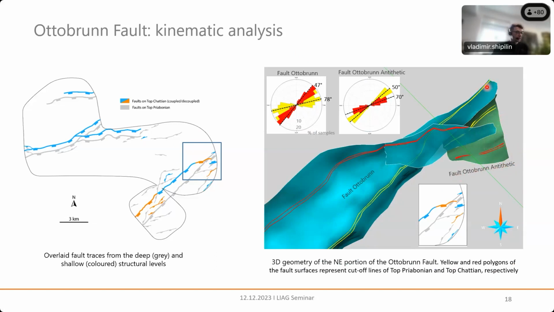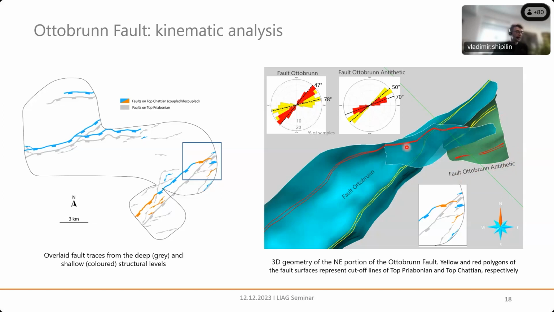And as yellow polygons, these are the cutoff lines of top Priabonian at the deep level, and red polygons are cutoff lines of top Chattian.